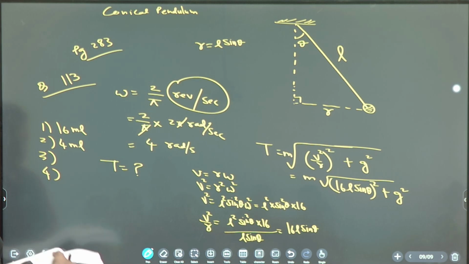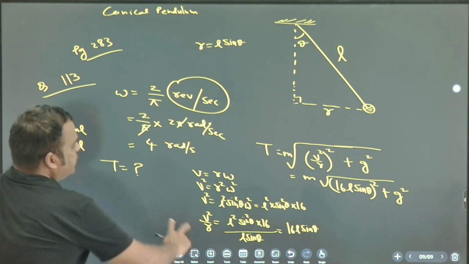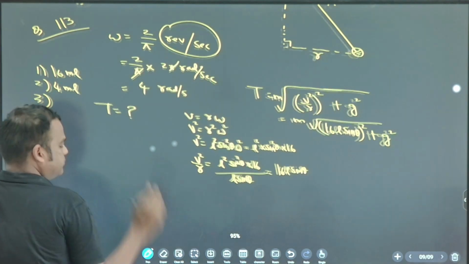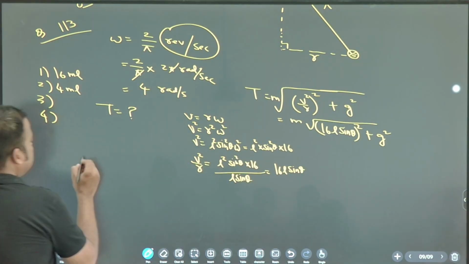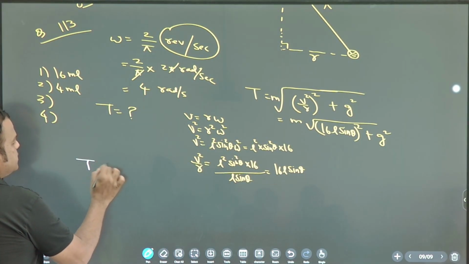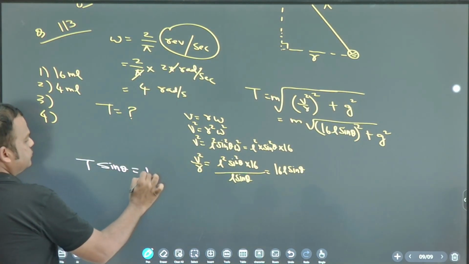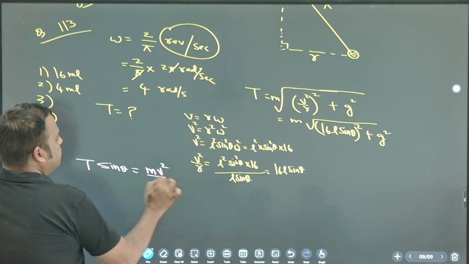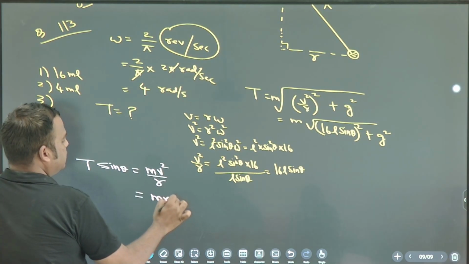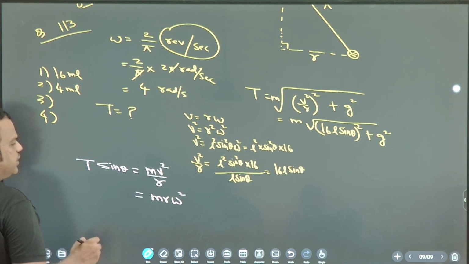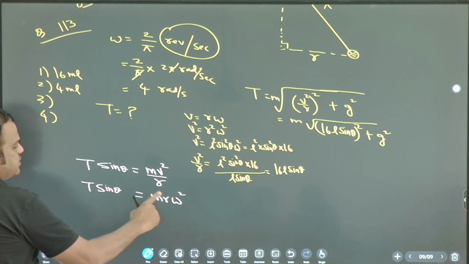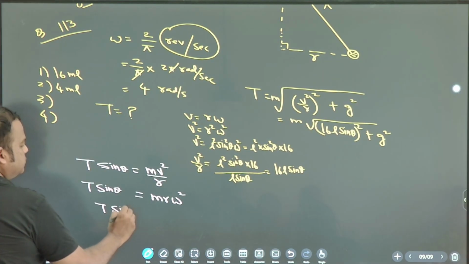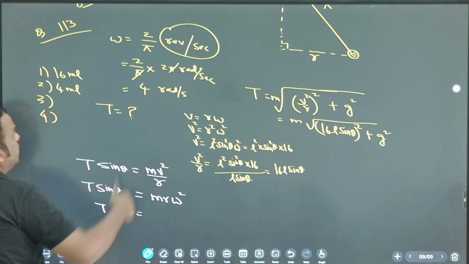Okay, tension, one more formula is there, right? What is the other formula of tension in terms of sine theta cos theta? What is T sine theta? Mv square by R, or you can say Mr omega square, correct? Use this. So T sine theta is Mr omega square. Directly you are getting answer now.